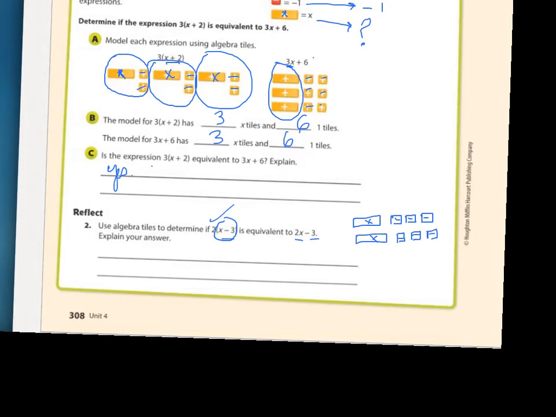Is that equivalent to 2x minus 3? Let's draw 2 x's and then 3 negatives. Is it the same? No, it isn't. This one only has 3 that we're taking away, and this one has 6 that we're taking away.